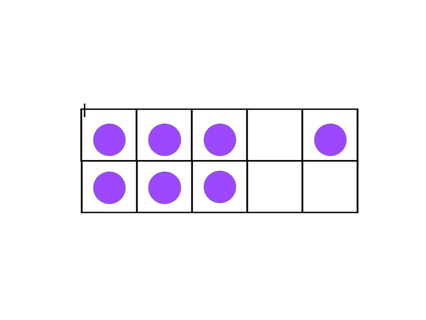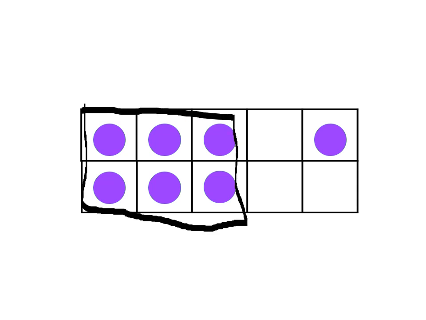Perhaps this group right here, altogether 3 on the top and 3 on the bottom. There was a little group of 6 here, and 6 and just 1 more makes how many? That's right, 7 total. So this group of 6 plus 1 more was 7.